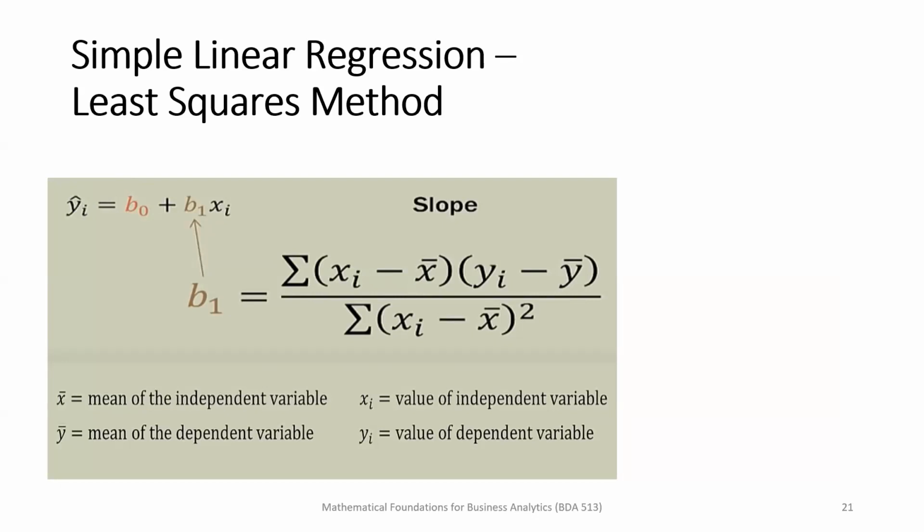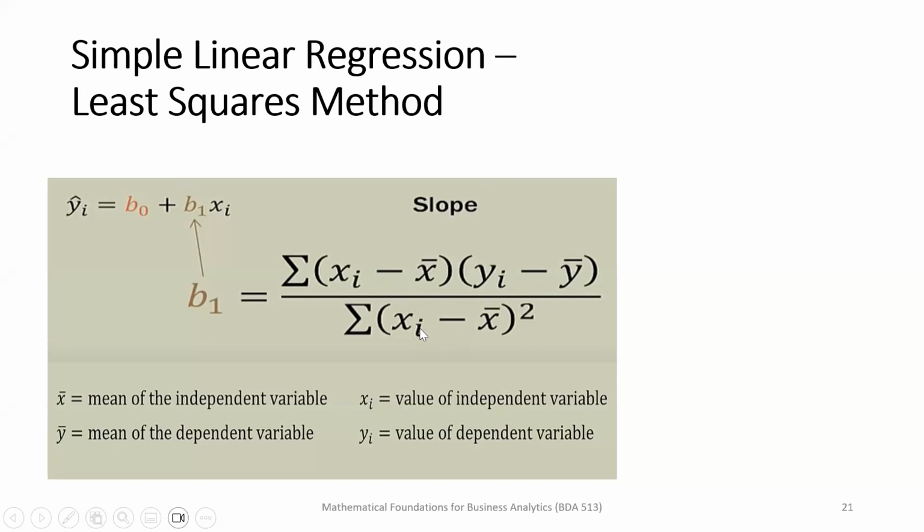You look at all the differences and then sum them. Then you come to the dependent variable, look at the differences between the mean and the individual values, and sum them. The two summations, you find the product of it, you multiply them, and then you divide by the sum of squared errors.